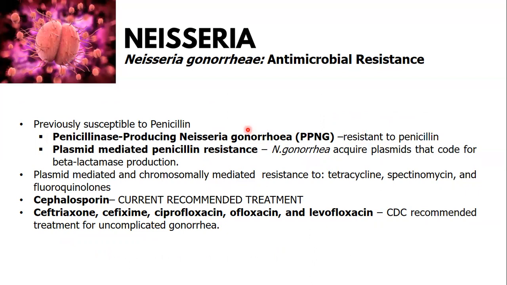The ability of Neisseria gonorrhoeae to resist penicillin by means of its ability to produce penicillinase or beta-lactamase could be plasmid mediated, and it is transferred from one organism to another through the use of the conjugation pili.